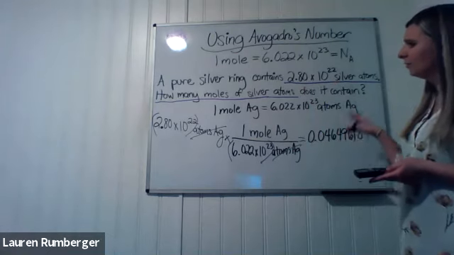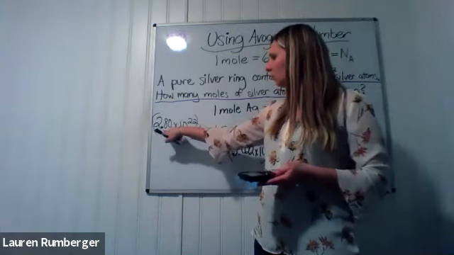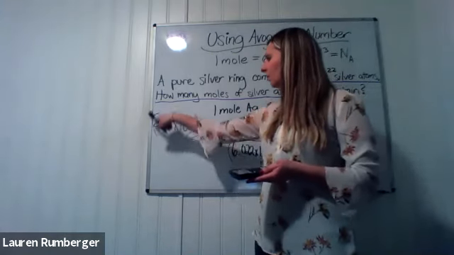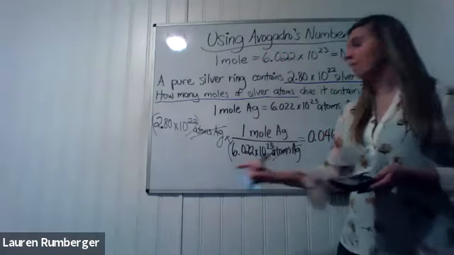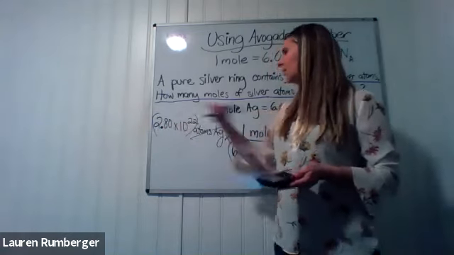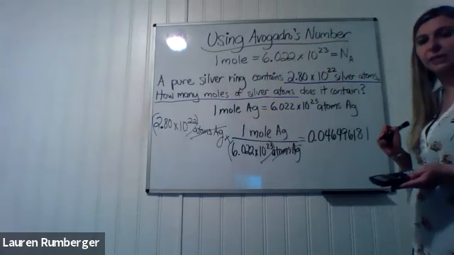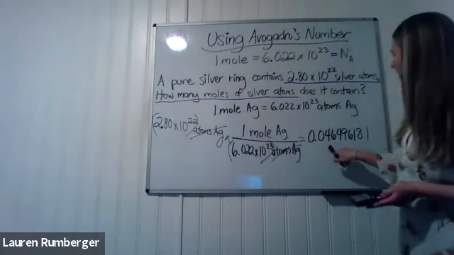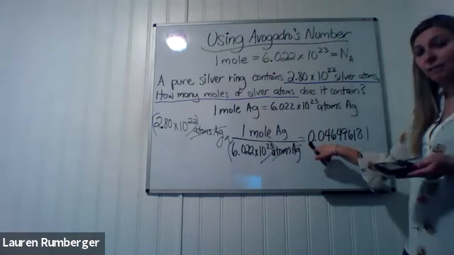So how many significant figures do we round to? We have 1, 2, 3 significant figures in our given value. Remember that final 0 is significant. 3 significant figures. Therefore, we're going to round our answer to 3 significant figures. So remember, this 0 is not significant.